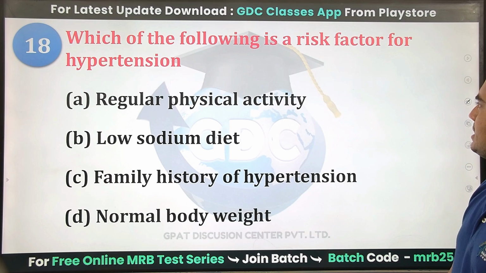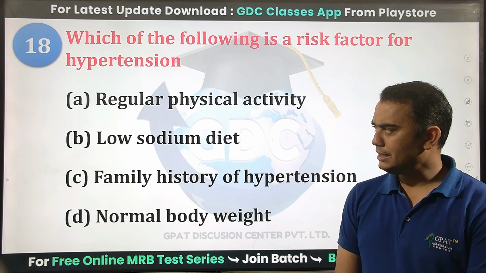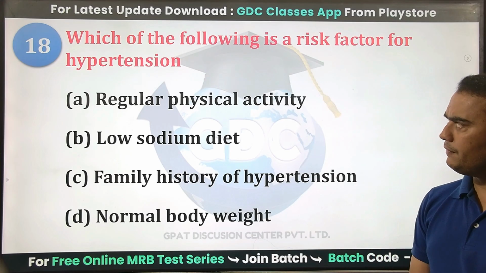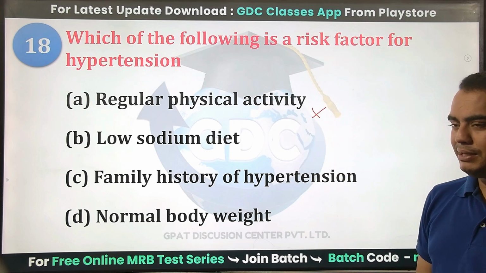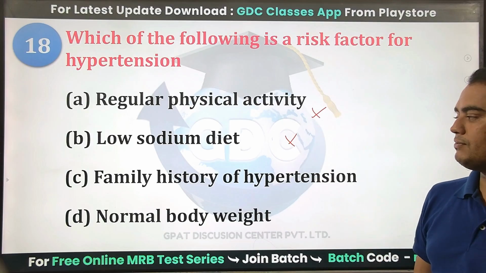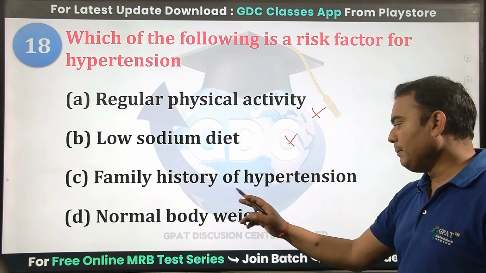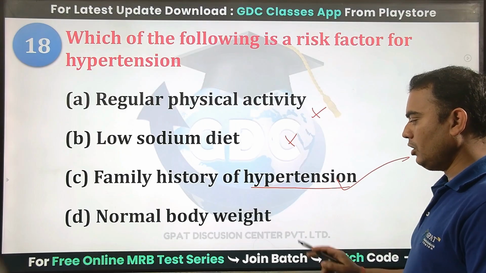Which of the following is a risk factor for hypertension? Regular physical activity? No, this is not a risk. Low sodium diet? That's a good condition, also not a risk. Family history of hypertension? Yes, it can be. Normal body weight?